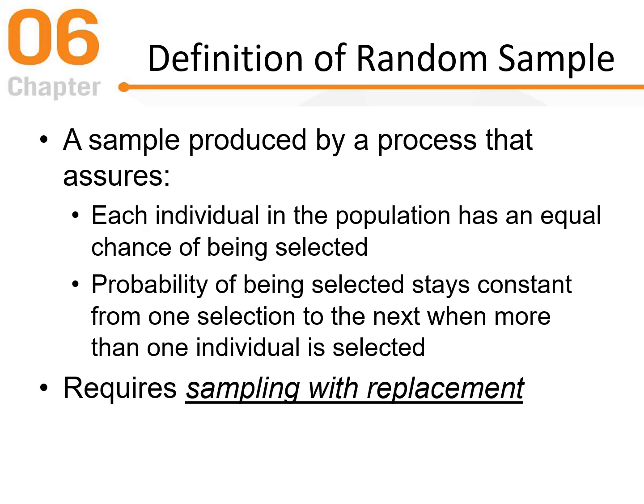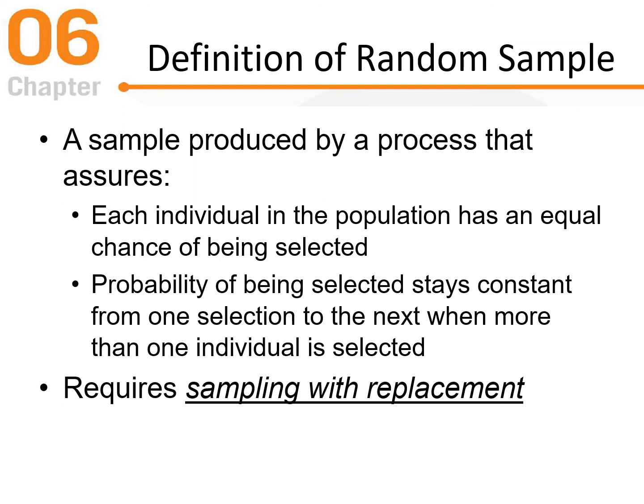If I take one person out of that group, there's still going to be 1,399 psychology members left if I took the number 1,400 out and put them in my sample. So the probability of selecting a person the second time is going to be almost exactly the same, because I've only removed one person, than it would be the first time.